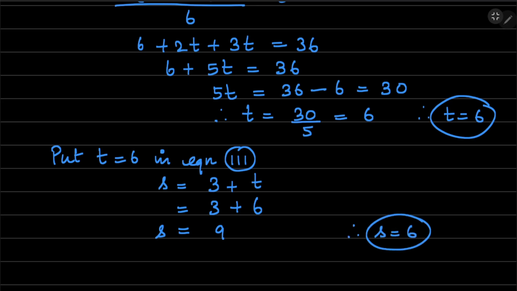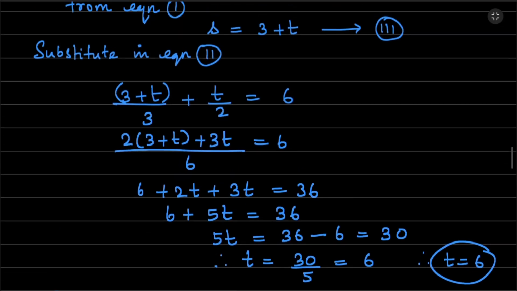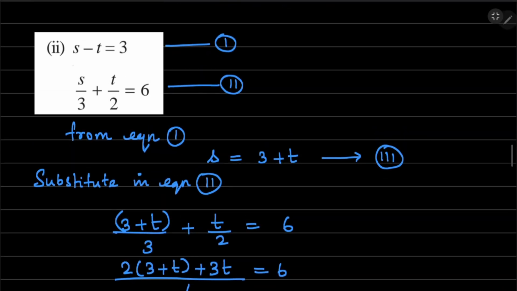What do you mean by finding the solution to a pair of linear equations, or to a system of linear equations? Whenever you are asked to solve, you have to find the variable values which satisfy both the given linear equations.